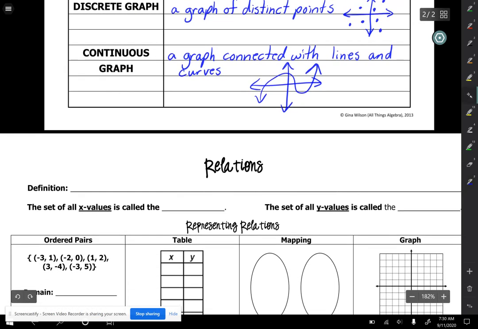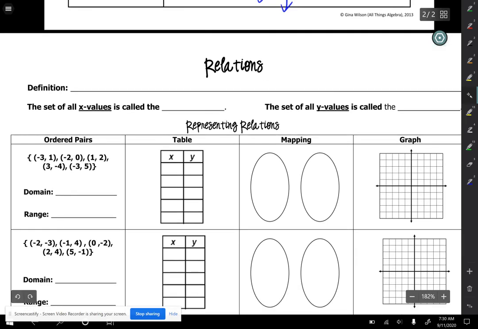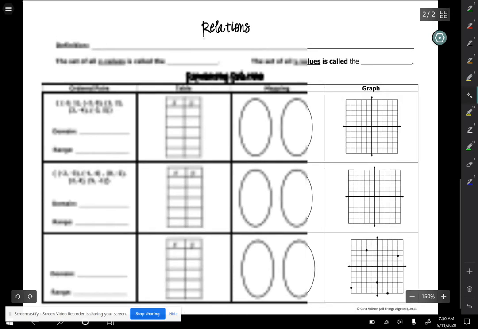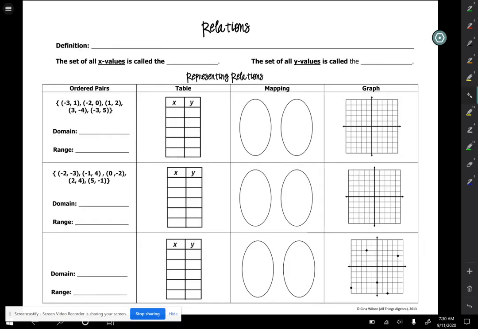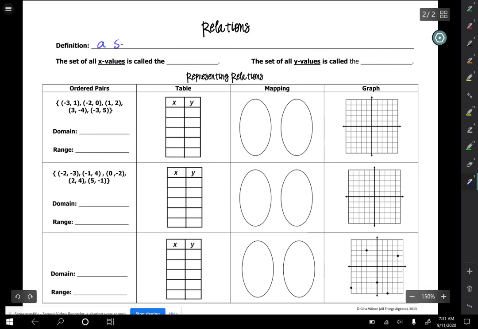Okay. The next part, we're going to start talking about relations. Okay. And a relation is a set of ordered pairs. The set of all x values is called the domain. The set of all y values is called the range.